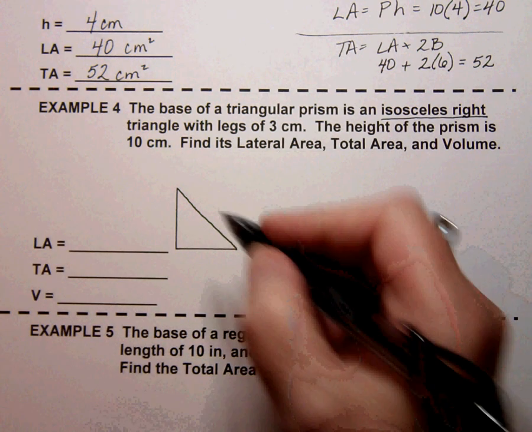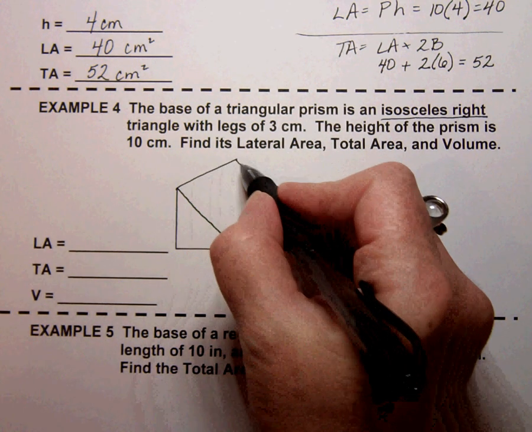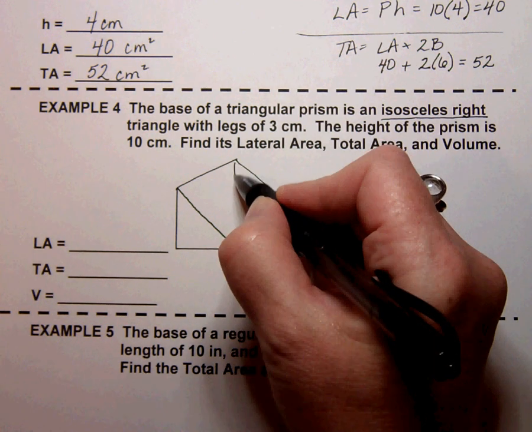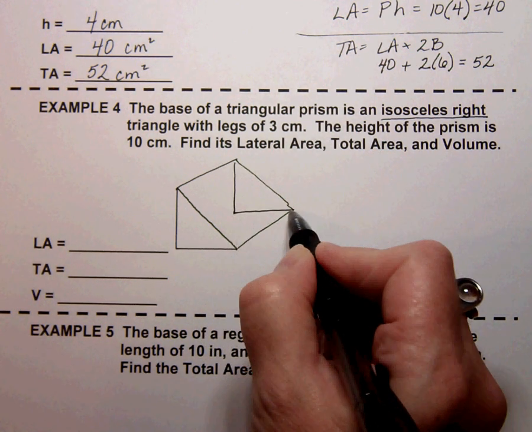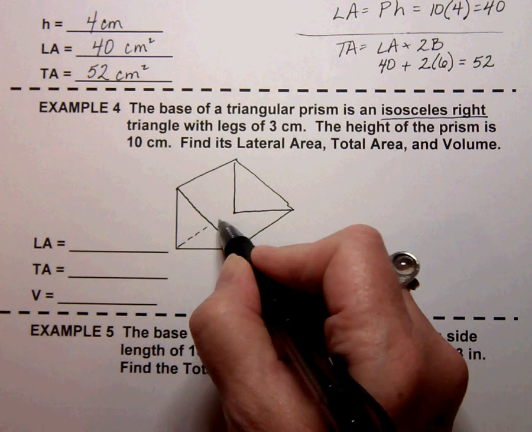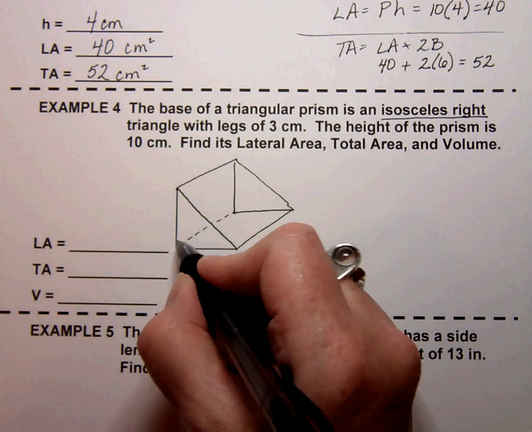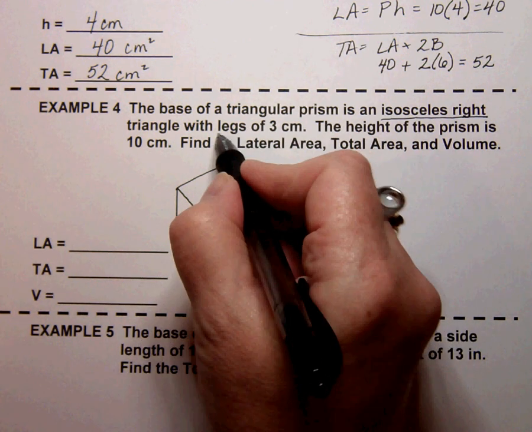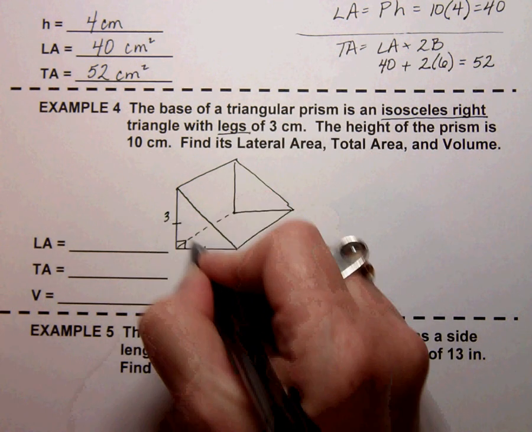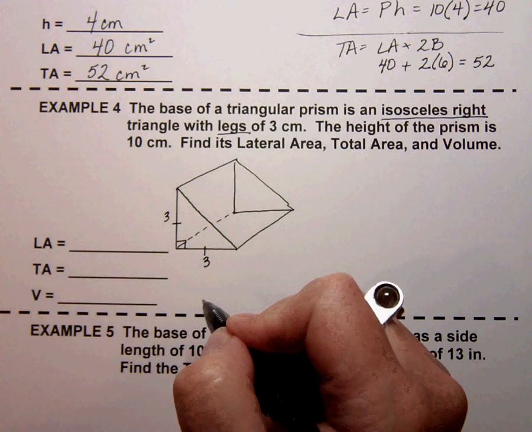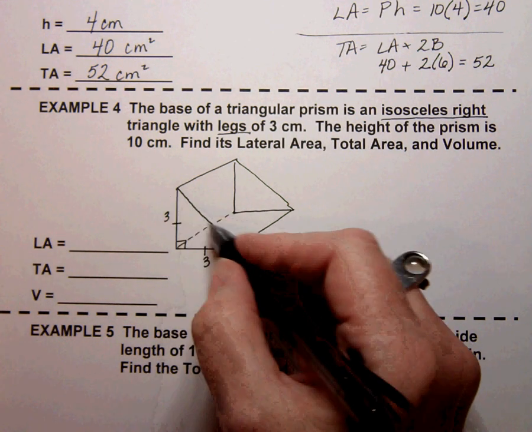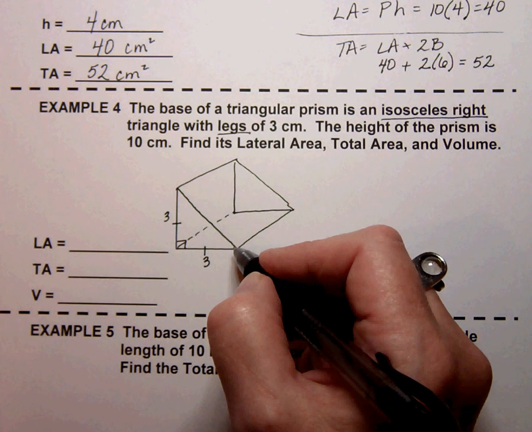Alright, I'm going to make a prism out of this by drawing it. I should have dotted those lines. Oh well. When you draw an isosceles right triangle, I'm going to go ahead and tick mark these. This word leg means that these are 3's. The two sides are the legs. Now this right here, the hypotenuse, we will have to use the Pythagorean theorem.